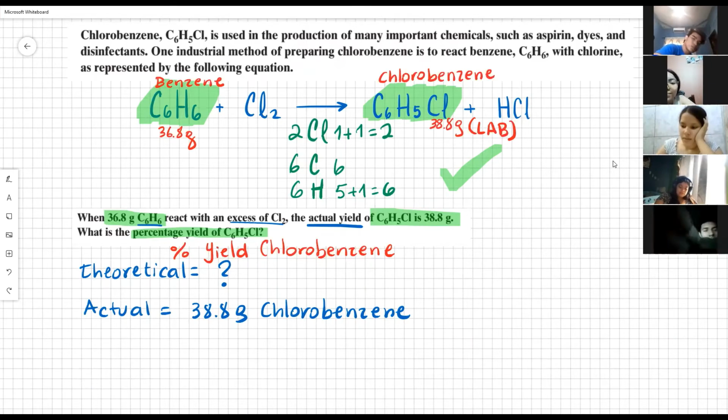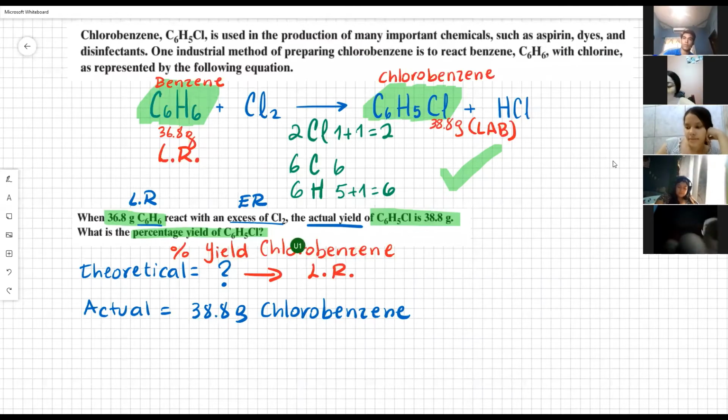So this means chlorine is the excess reactant, and in the other case, benzene is going to be the limiting reactant because we have two reactants. Okay? If one of them is the excess reactant, the remaining one is going to be the limiting reactant. So I'm going to write right here that benzene is the limiting reactant. So the theoretical yield is what you obtain from the limiting reactant.